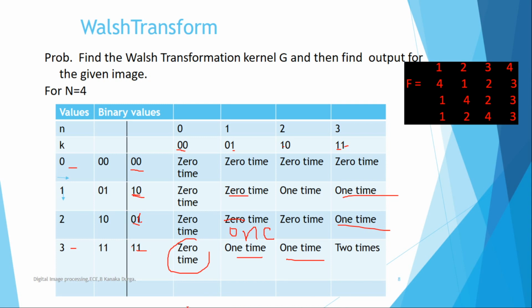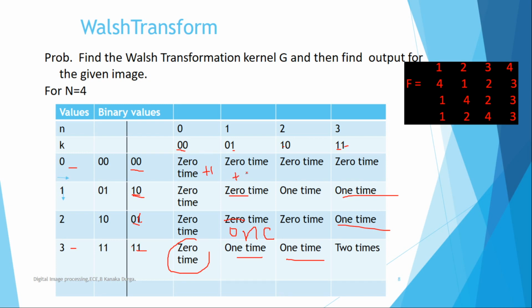So depending upon the number of overlaps, we can predict whether we are going to get +1 or -1. If it is 0 times, it also goes for +1, so this goes for positive, +1. Anyhow, the resultant we are going to get is 1 only. Either we have to see whether it is positive or negative.